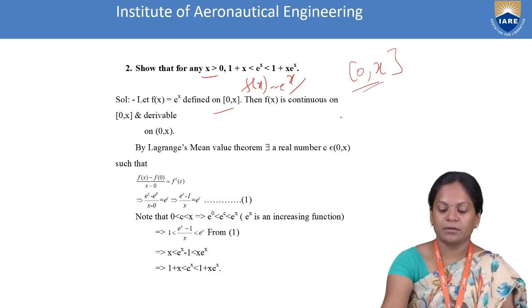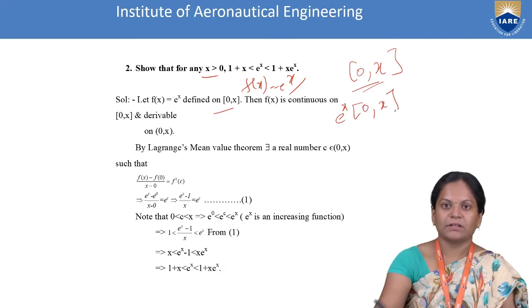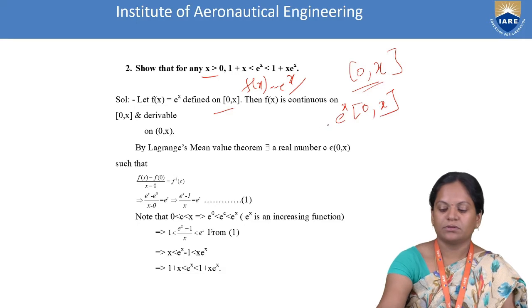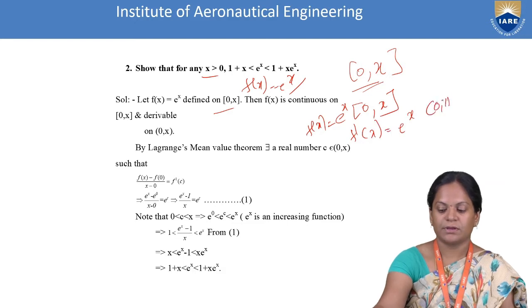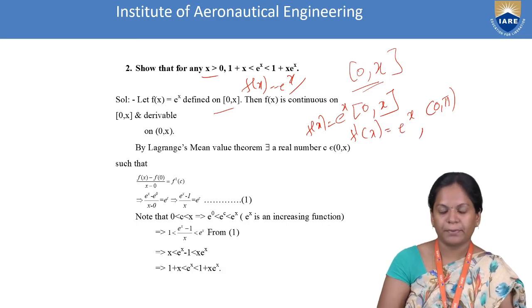f of x is here e power x. e power x is continuous. Why? Substitute any point in this and we get a finite limit. So that's why the function f of x is continuous in the open interval 0, x. Now go for the differentiable condition. We already know the derivative of f of x is e power x, which belongs to 0, infinity.